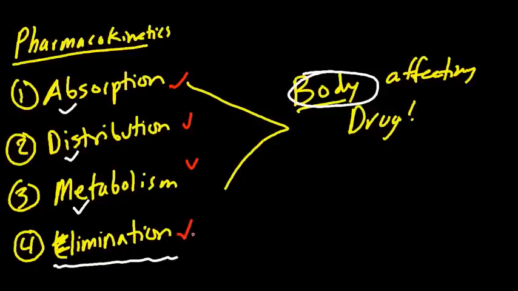Why? It's because it's important. That clearance equation is going to be how our body gets rid of the drug. And we saw that clearance in multiple aspects. We saw that clearance in our maintenance dosing, and then we also saw it in our clearance and our T half-life equations.